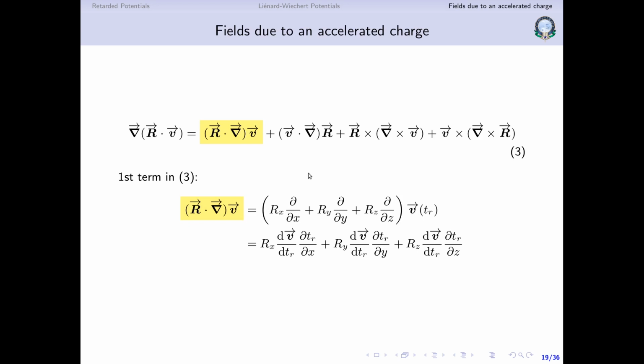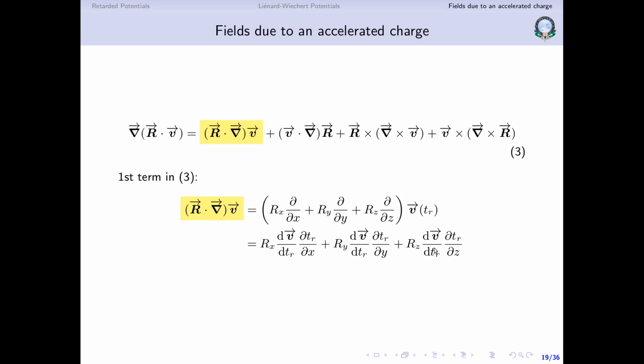First we differentiate v with respect to tr, then we differentiate tr with respect to x. Because v depends only on tr, it becomes a total derivative. So dou v by dou x is equal to dv by dtr times dou tr by dou x.